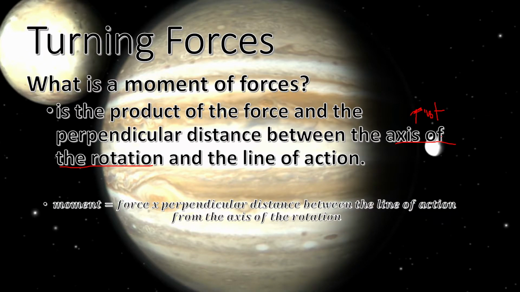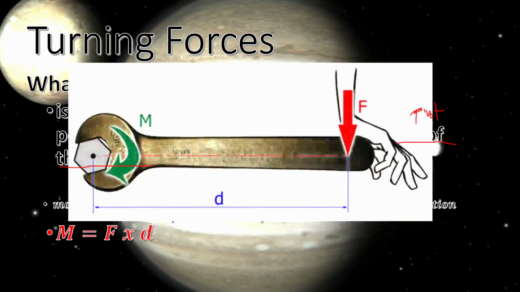So the formula is moment equals force times the perpendicular distance between the line of action and the axis of rotation, or in symbols, M equals force times distance. Looking at this picture, this is the axis of rotation or the pivot point, and you will have the moment, the turning force.